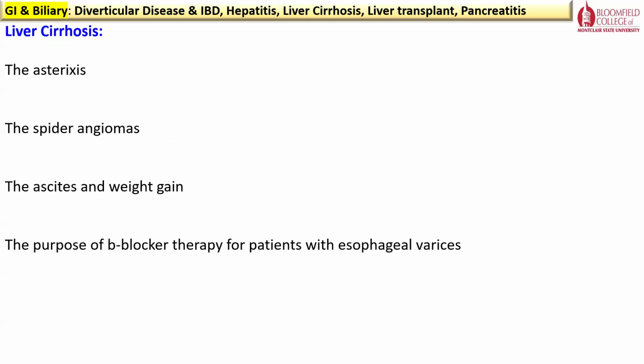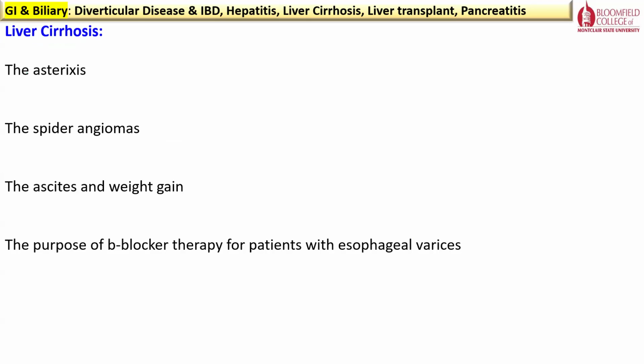There are other complications associated with liver cirrhosis. One of them is asterixis, which is the flapping tremor. You will find it in both patients with liver cirrhosis as well as in patients with end-stage renal disease, ESRD. Each one has a different mechanism, but both affect the brain.